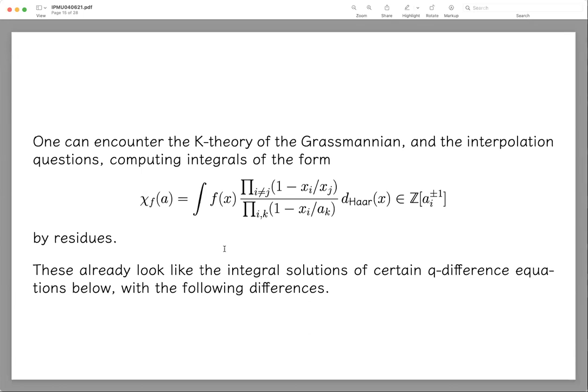And in particular, if you would like to reconstruct f from its pairing with everything else in an integral like that, this is exactly the interpolation problem.